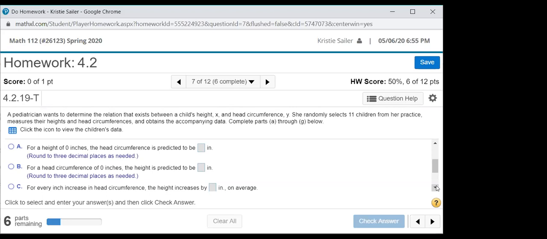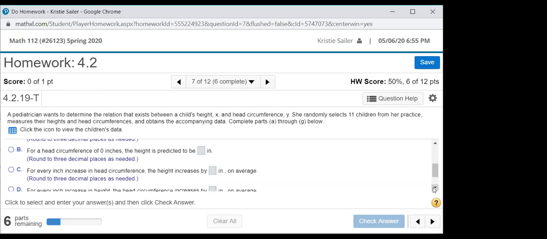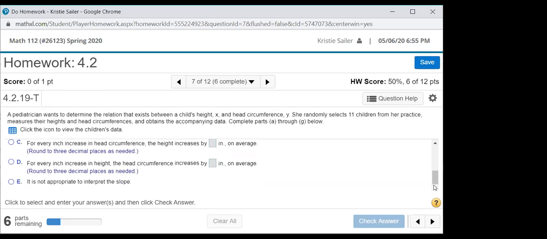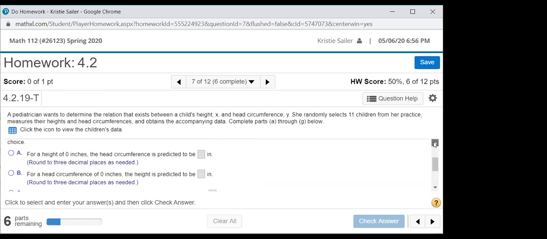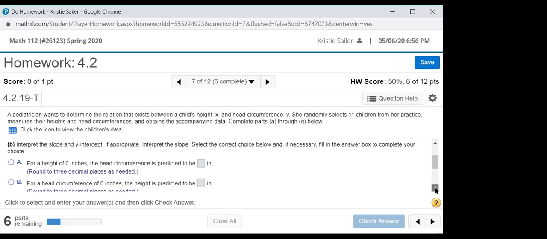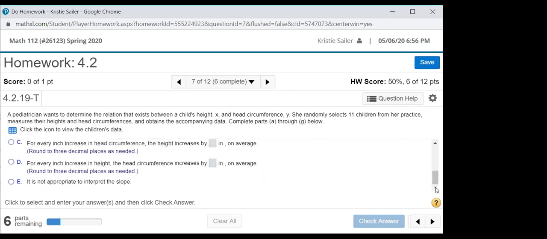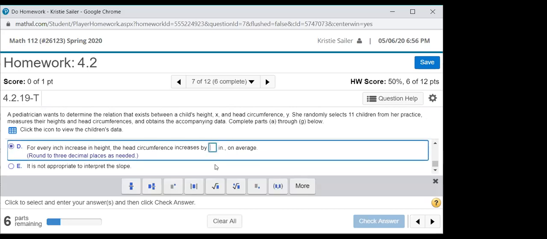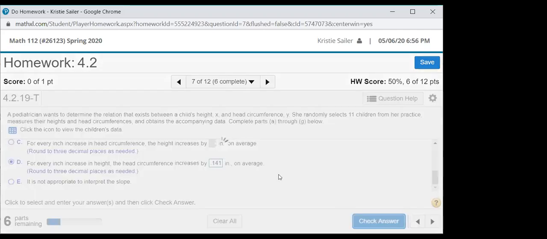Height, sorry. For every 1 inch increase in height, there's a corresponding 0.141 inch increase in head circumference. Let's see if that's right. Yep.